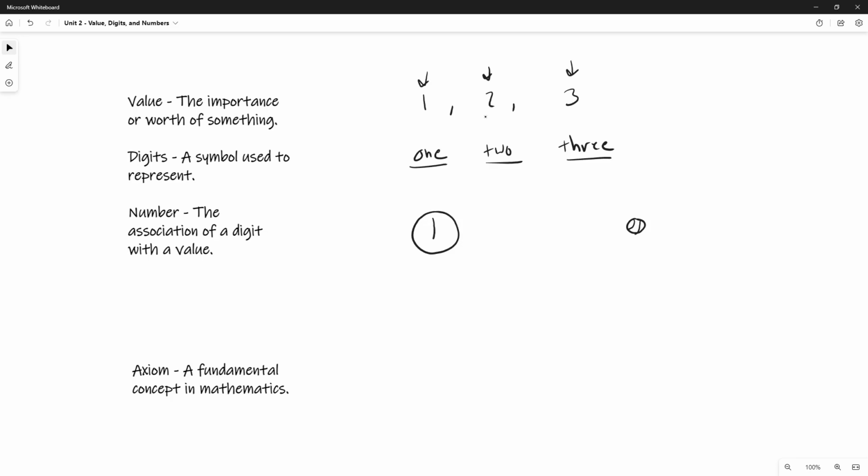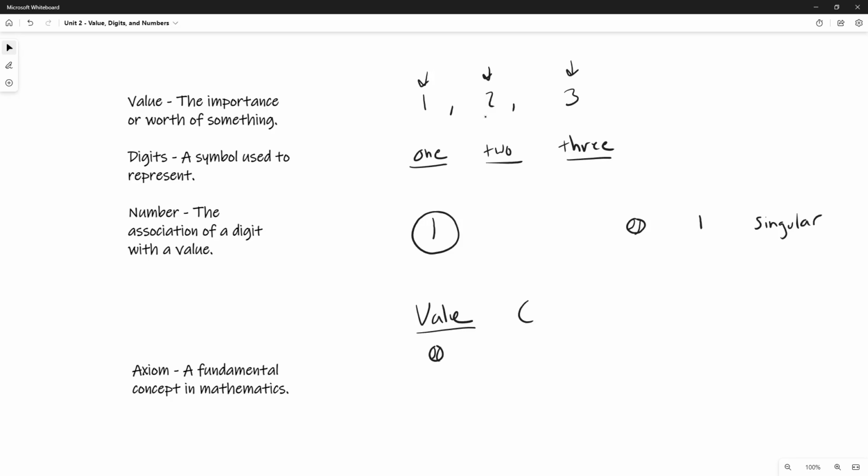So if we have here one ball, we've got the character here that represents one, and it is in the singular, right? So let me make this more clear. The value is one, and I'll represent the value with a thing, right? So we'll use balls. The value is one.